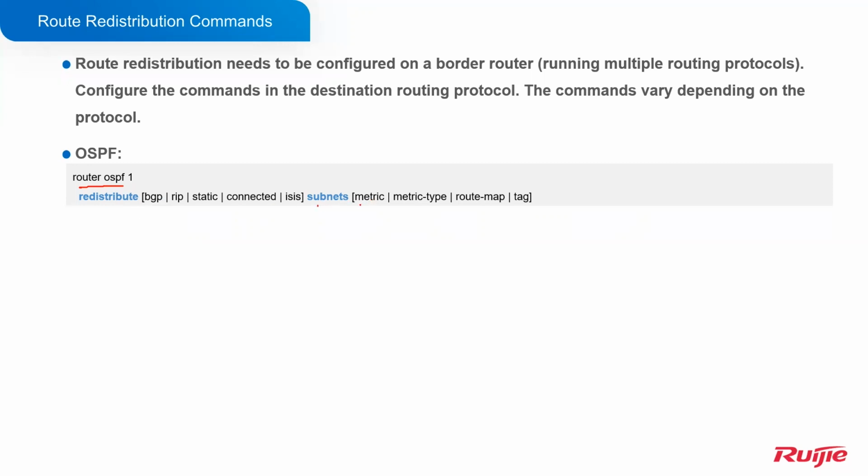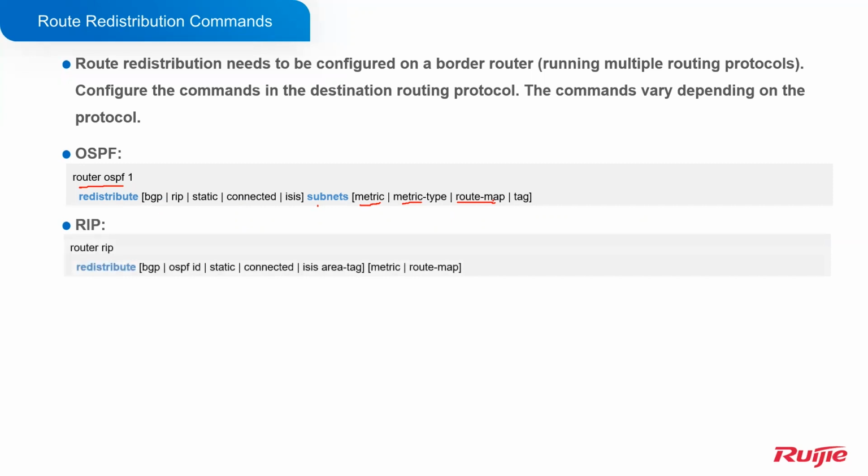Of course, you can change the metric type, or you can refer to some route maps you have already configured. And for RIP, the configuration command is router rip, redistribute followed with different types of protocols, and you can also change the metric, or you can also refer to the route map.